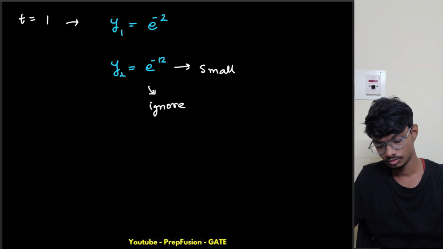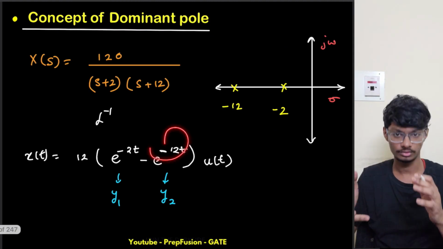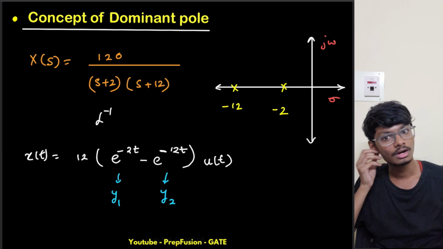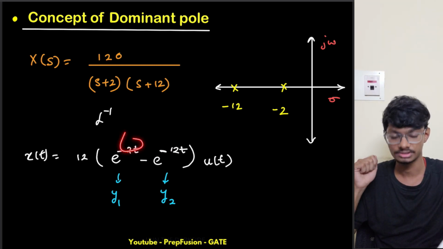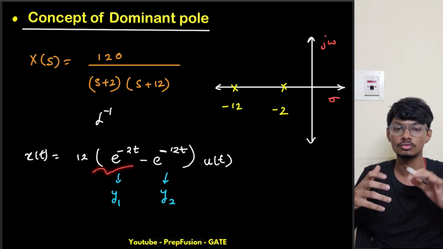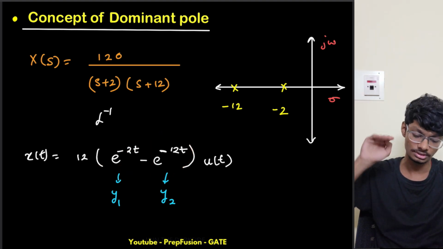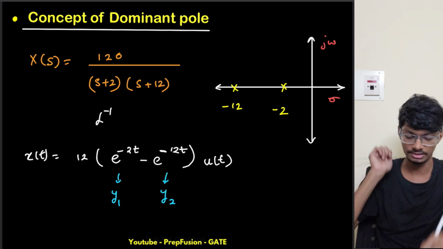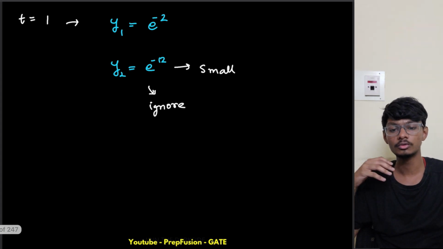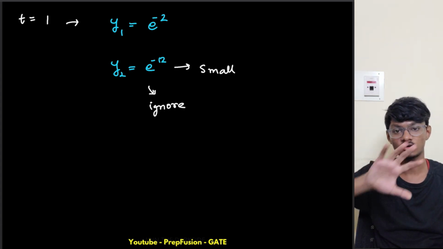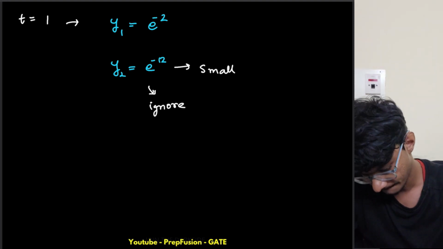It reaches its steady state much faster. Why? What is the time constant? The time constant of this one is 1 by 12. The time constant is very much lesser than this, which is 1 by 2 only. So it reaches its steady state much faster, and the speed of this y2 is very high compared to this y1. So it will not contribute much to the time response of the overall signal.